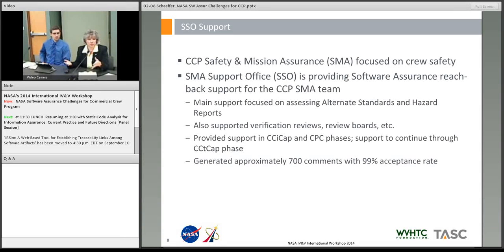As you can imagine, it's very difficult to track your acceptance rate and track your comments through those review boards, many of which we didn't have insight into and didn't participate in. So we chose to measure ourselves where we knew we could get feedback, and that was at the CCP program level. So that's why our number is 99%.